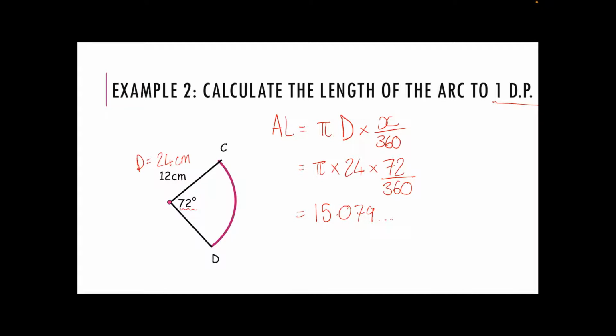Again, it was just 1 decimal place, so my answer here is going to be 15.1 centimetres. Our arc length is just a length, so our units just need to match whatever our radius or diameter has been given in. So in our case, it's centimetres.